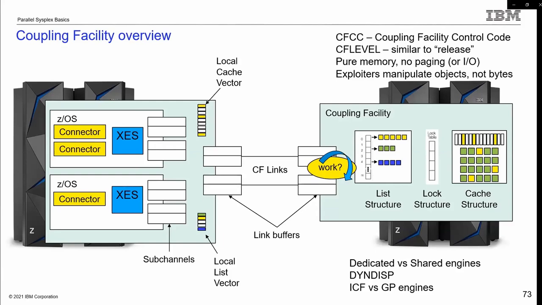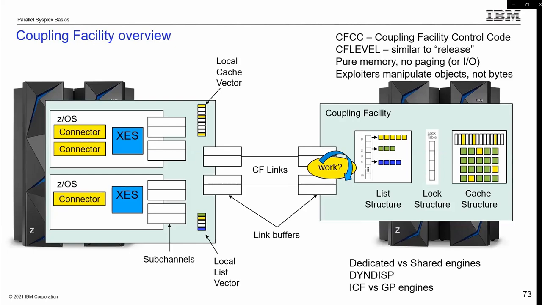So each one of the connectors is going to have in its memory an in-memory copy of that cache. Obviously, a local in-memory copy is the absolute fastest memory access. But of course, that cache could have been changed by one of the other connectors. So how on earth does a connector know that its in-memory copy is current or obsolete?